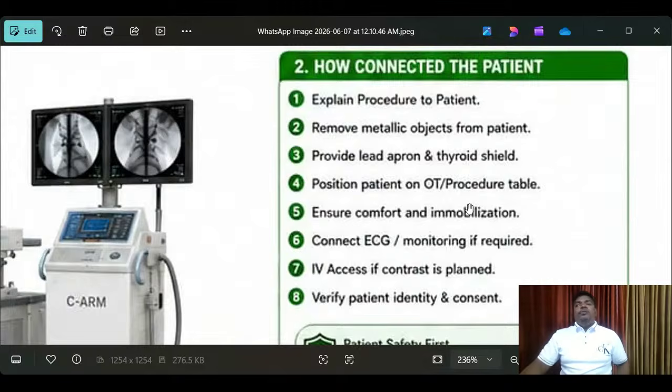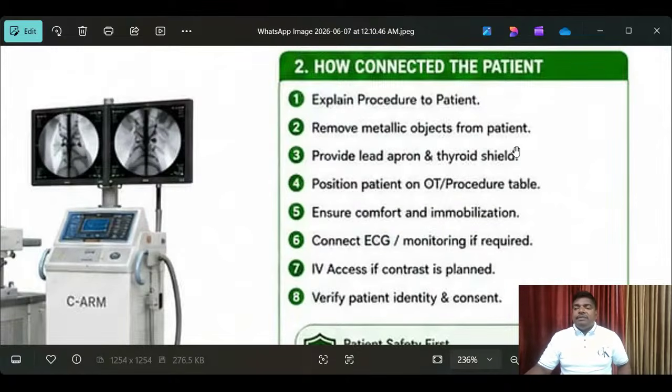Mental stability is very important. This is taken care of by the operation theater department in-charge, HOD, technicians, nursing staff, and specialists like anesthesia. All of them counsel the patient before entering the operation theater.